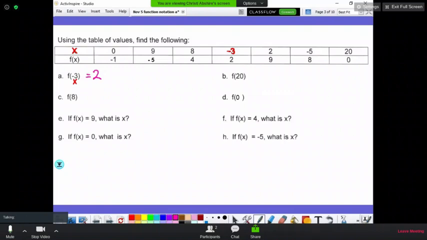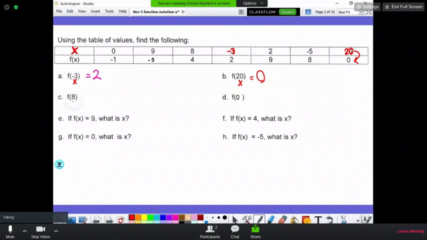On B, I'm going to do the same thing, f of 20, so 20 is actually x. I'm going across the x part of my table to where 20 is. 20 is at the end, and the output for 20 is 0. Now, find f of 8.